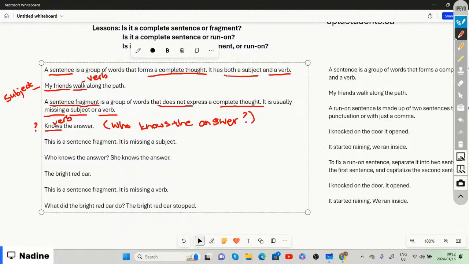It's not telling us that Jack knows the answer, or Sarah knows the answer, or the boys know the answer, or the grade fives or sixes know the answer. It just says knows the answer, but it doesn't say who knows the answer, which means that the subject is missing. And since the subject is missing, this is a sentence fragment and it does not express a complete thought.